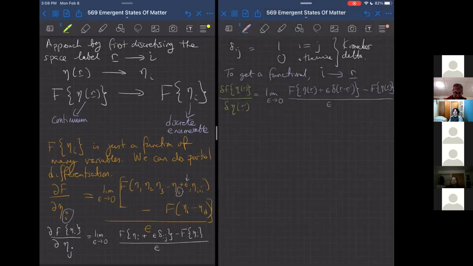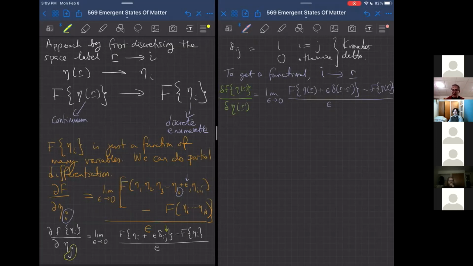So let's look here. Here we have the variable j. You tell me what variable you want to differentiate with respect to, and that's the j that comes in here in the delta ij. So you tell me what j is, and then I can tell you what is the derivative of f with respect to it.